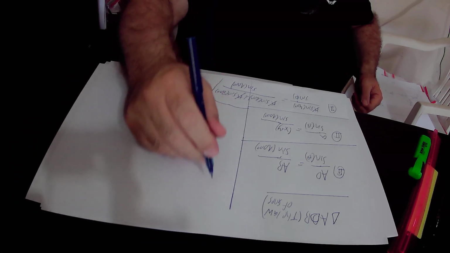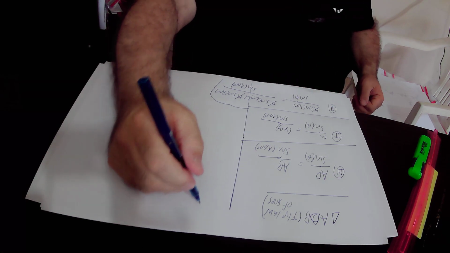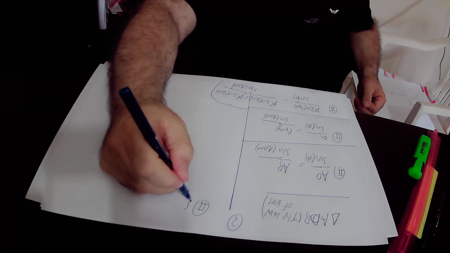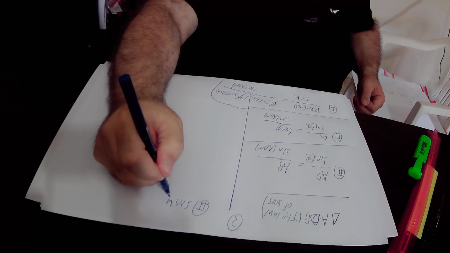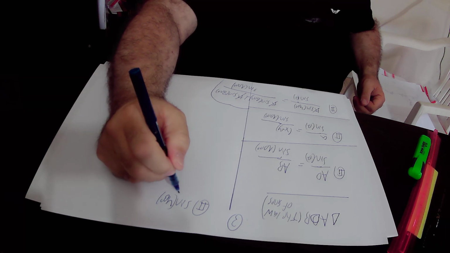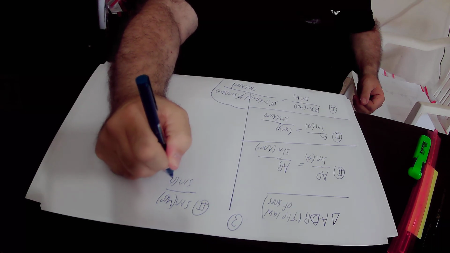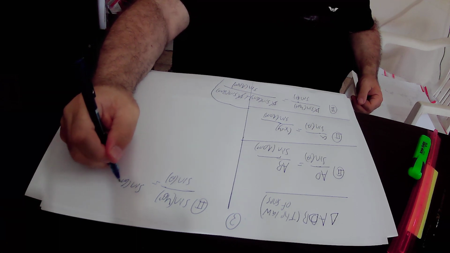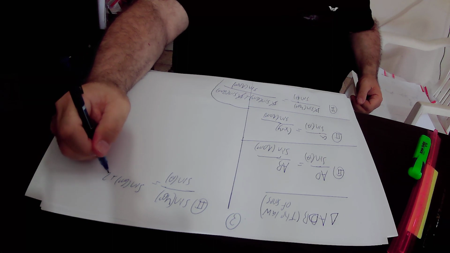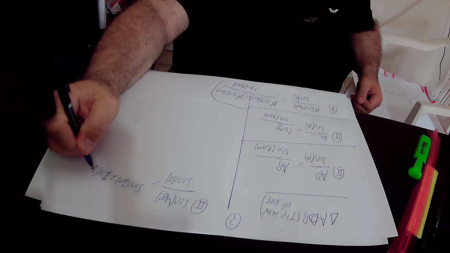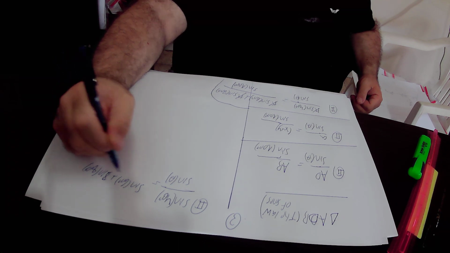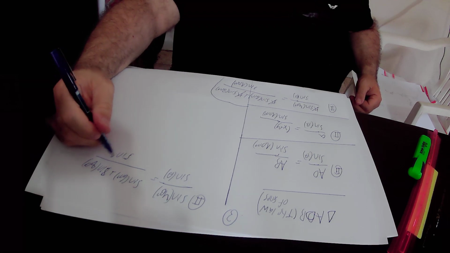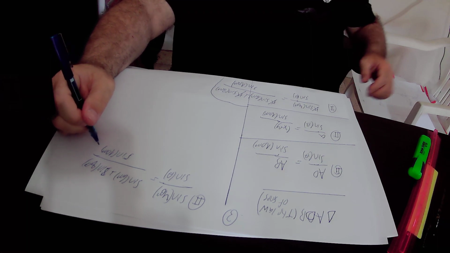We have sine 40 degrees over sine theta equals sine 60 degrees plus sine 80 degrees, divided by sine 100 degrees.